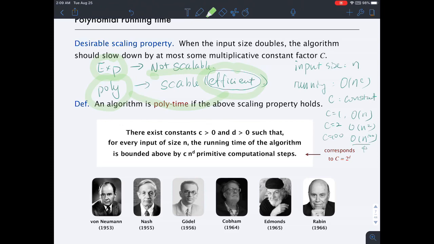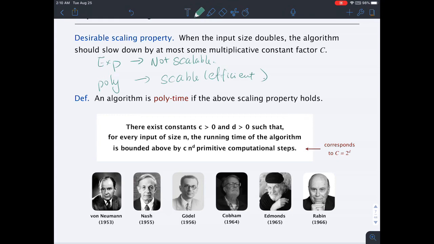Okay, so now there's our next question. Why do we really want to use polynomial time as a way to define the efficient algorithm? Let me just erase a bit of what we wrote just now so that I have room for drawing a little bit.